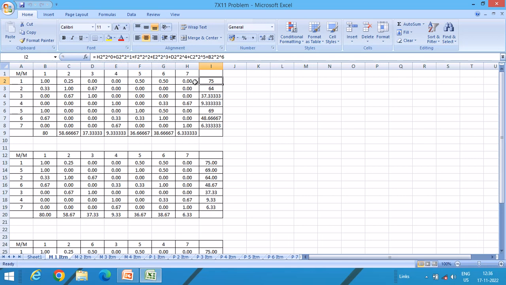So this is the seventh machine, so the power value will be 0. Likewise, I am calculating the row weights for all these machines. Likewise, here I am calculating the column weights.